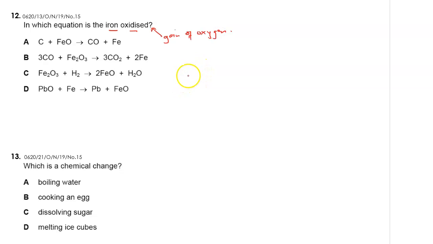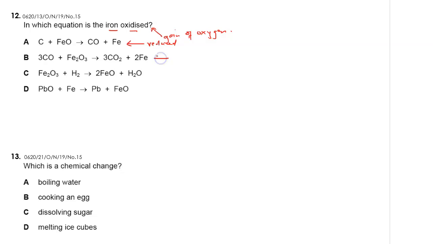Therefore, let's look at the first equation for part A. So this is carbon and this is iron oxide. What has happened here is that carbon has picked the oxygen from iron, and therefore iron has been reduced. This is the reduction, right?